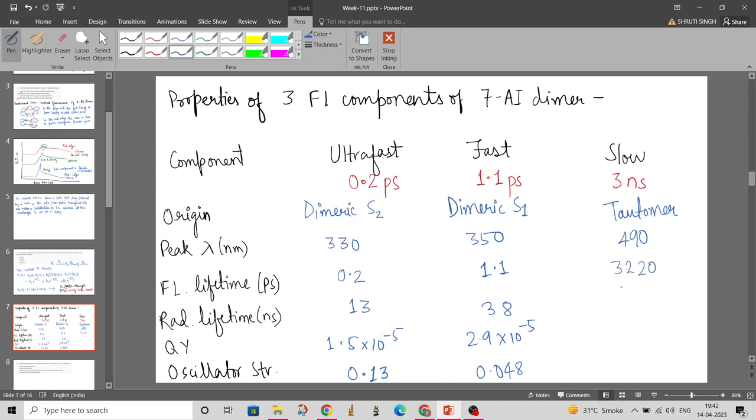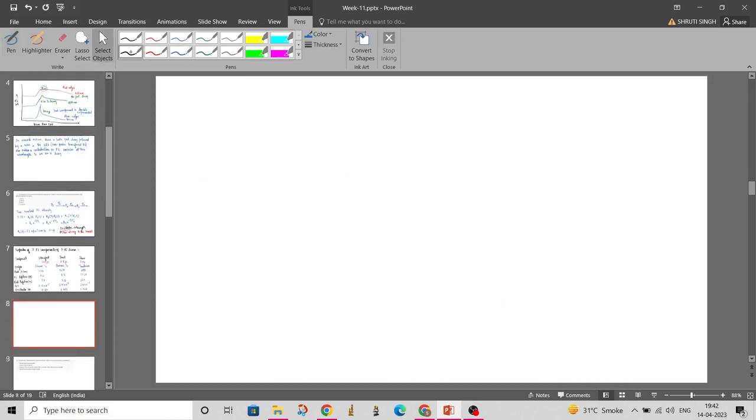Its lifetime was 3220 picosecond, radiative lifetime 160 nanosecond, 2.0 into 10 to the power minus 2, quantum yield the highest, and the oscillator strength was 0.023. So this was the data. Now let's see the oscillator strength thing.